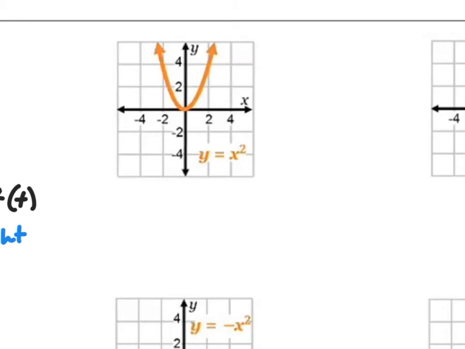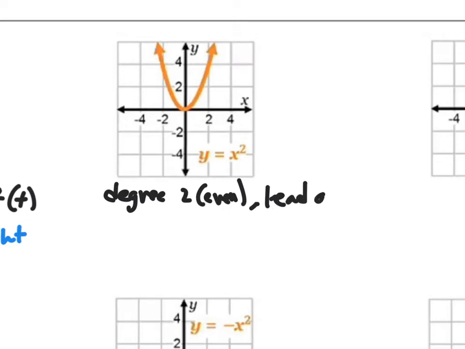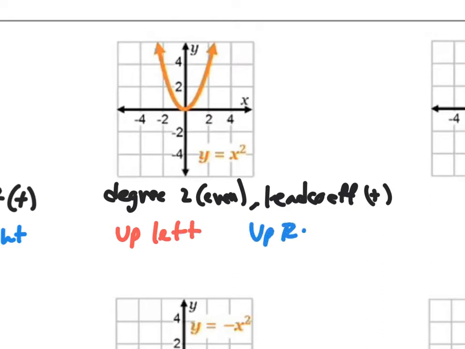Here, again, our degree is 2, which is even. Our leading coefficient is positive 1. So that means that our end behavior is going to be up to the left, and then it's going to be up to the right as well.